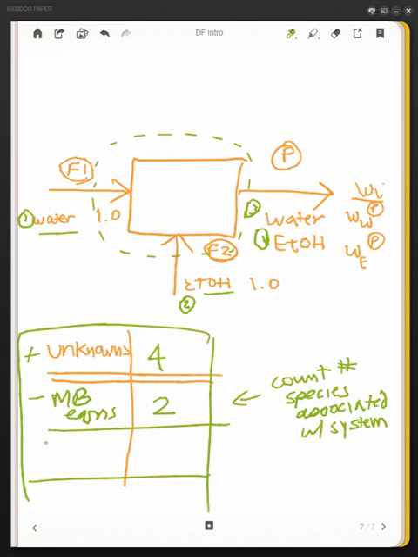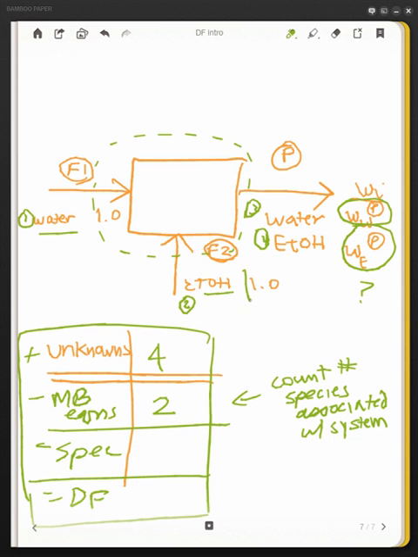You want to count the number of specifications, and then you go down, and then you can calculate the degree of freedom. Well, a specification in this case would be, do we have any mass flow rates that we know of? No. Do we know any mass fractions? Well, we don't know these. That's why I left them in symbolic form. We do know the mass fractions of water and ethanol in streams F1 and F2.